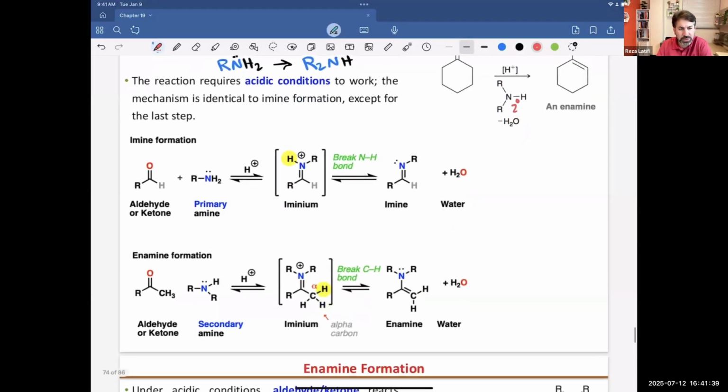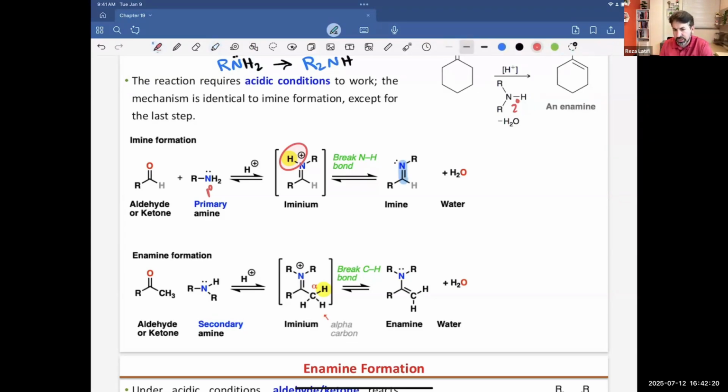If you start with a primary nitrogen and you react it with an aldehyde or ketone, you will have a double bond between nitrogen and carbon. The nitrogen has a positive charge there, and in order to stabilize it, we need to get rid of a hydrogen. Which hydrogen? The hydrogen that's sitting on nitrogen. So we are going after this hydrogen, and when we take the hydrogen out of the system, that's going to leave a lone pair on nitrogen, and we get a neutral compound that has a double bond between carbon and nitrogen.